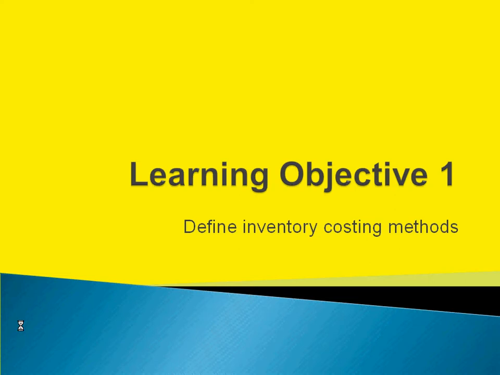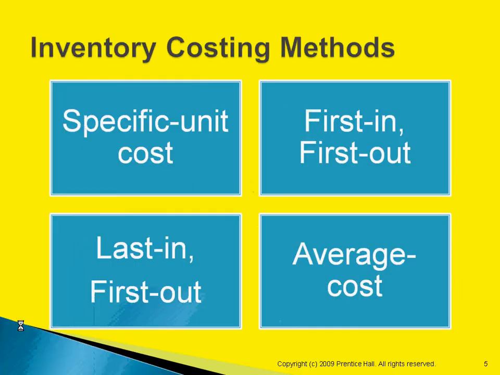The first objective of Chapter 6 is to account for inventory by the FIFO, LIFO, as well as the average or weighted cost method, as it's also known. Okay, FIFO and LIFO are acronyms for first in, first out, and last in, last out.